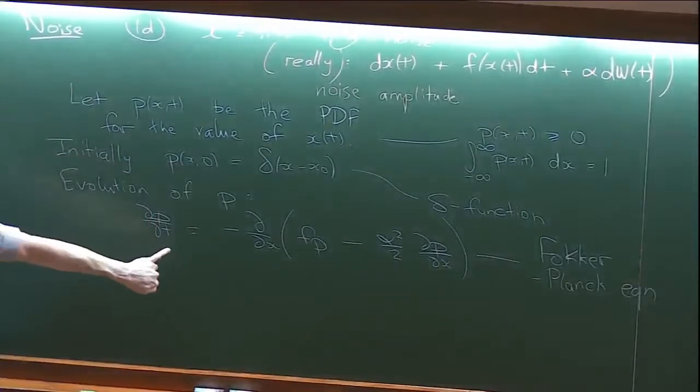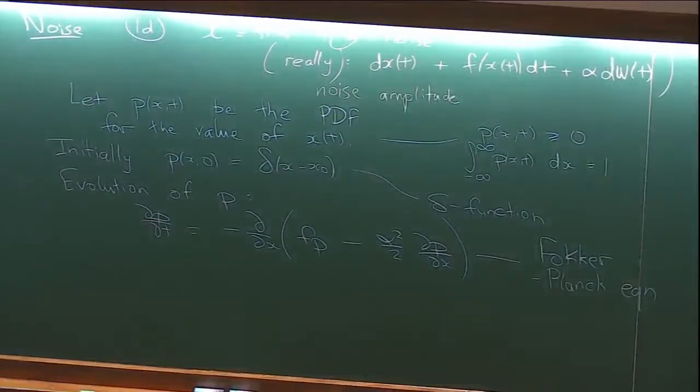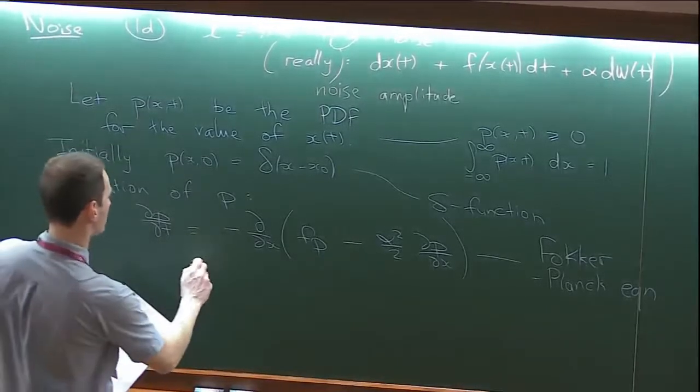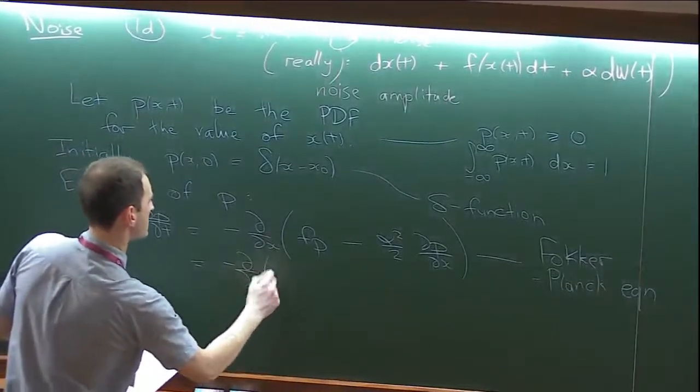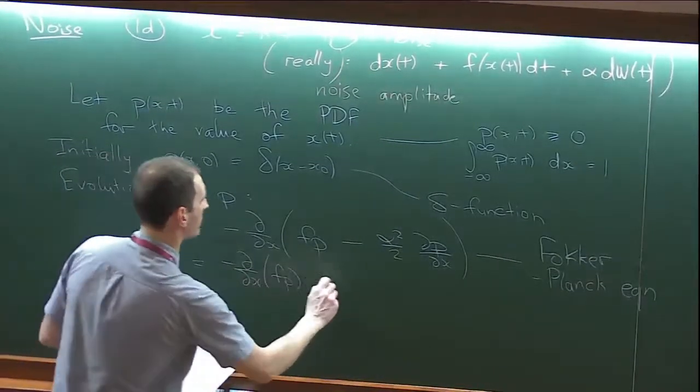This is a partial differential equation, because P is a function of x and t. I could expand the brackets.